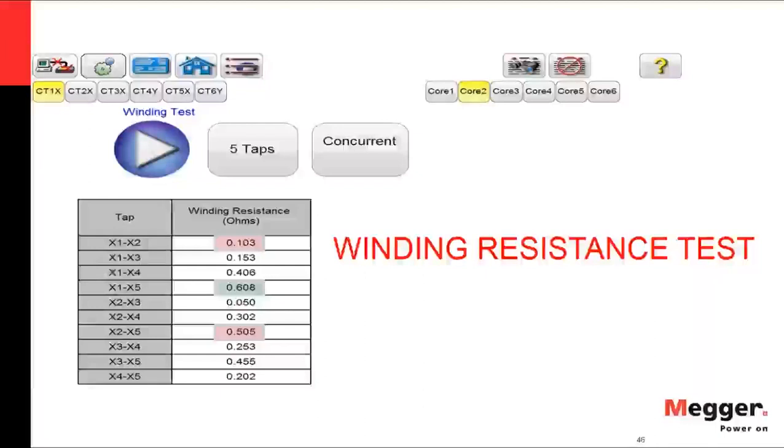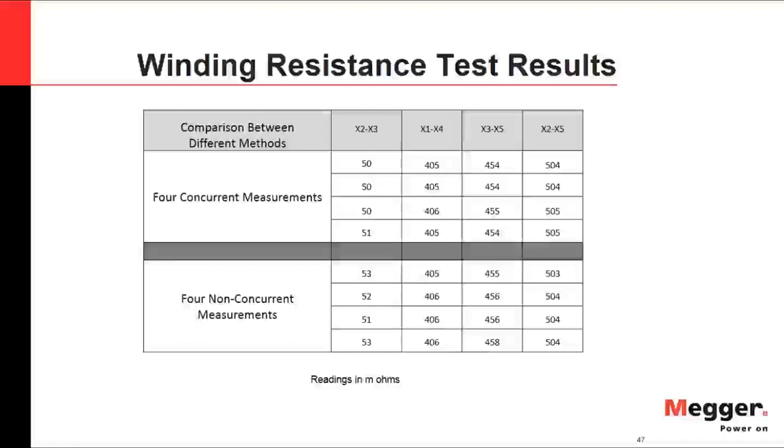It's interesting to say that during the process that we have done for the validation of the concurrent method, the concurrent and non-concurrent methods were compared. As you can see here, for the winding resistance test, a comparative analysis between concurrent measurements and non-concurrent measurements was carried out, and we see that the differences are really minimal and negligible.